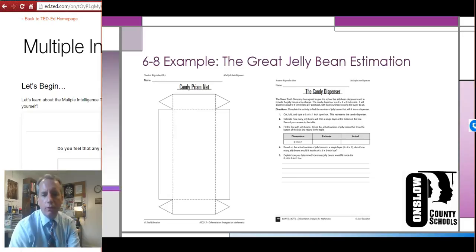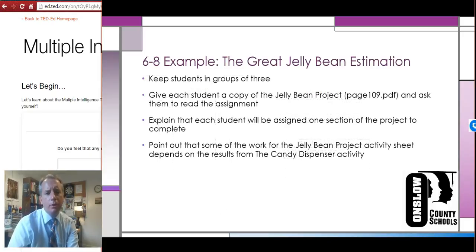We're going to fold this little 6 by 6 by 1 inch box up, and that represents the dispenser itself. Then they're going to estimate how many jelly beans will fit in there. They're going to think about how big is the jelly bean, how big is this prism, and then share with us how they came up with their number.